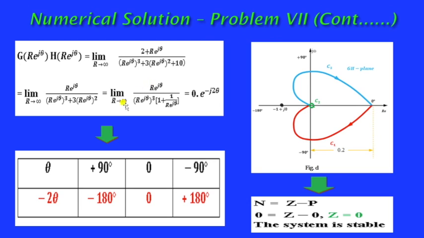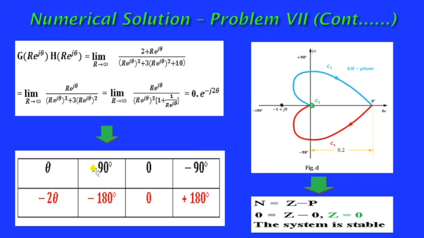So if r tends to infinity, then magnitude is 0. Then phase angle is r e to the power j 2 theta, so this is minus. Then put theta equal to plus 90 to 0 to minus 90, but this is minus 2 theta.